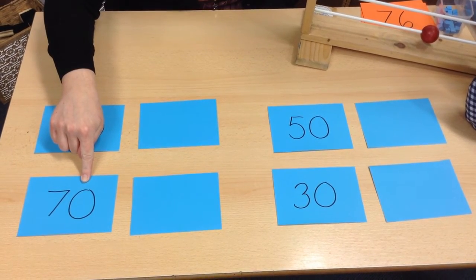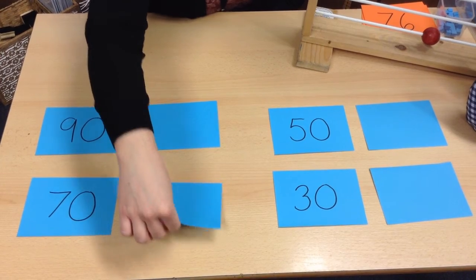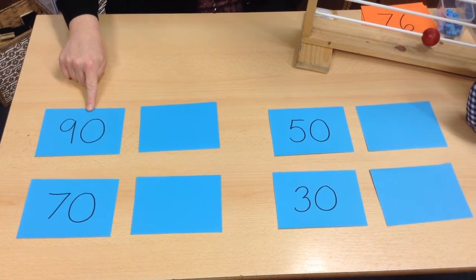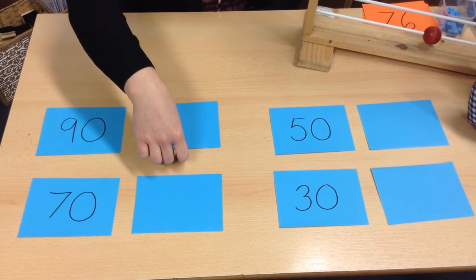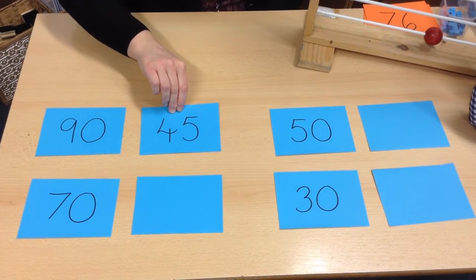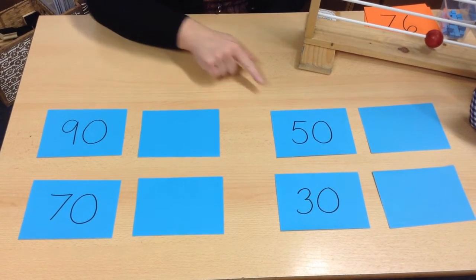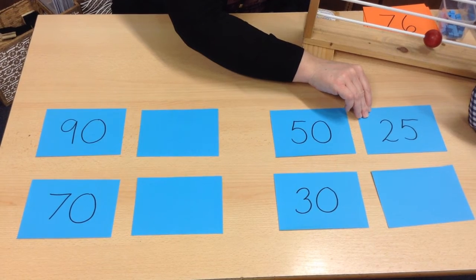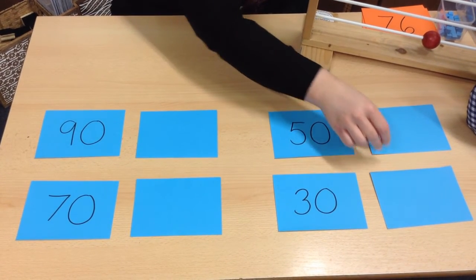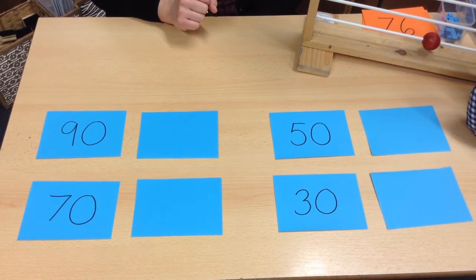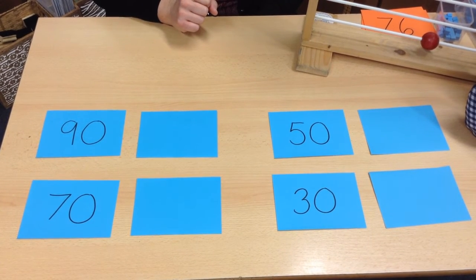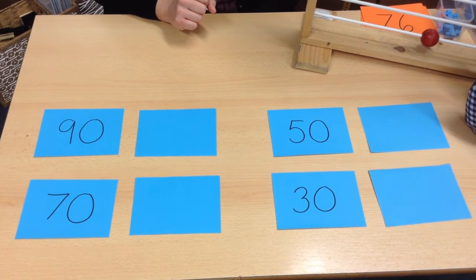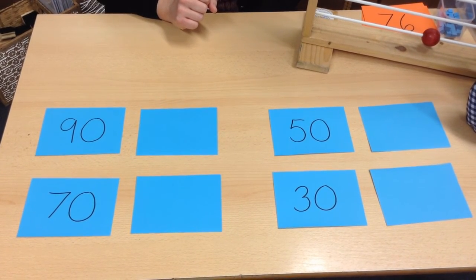Half of 70. 35. Half of 90. 45. And last one, half of 50. 25. Keep practicing these at home so that you're able to memorise these halves to help you to become more fluent when we halve tricky 2-digit numbers.